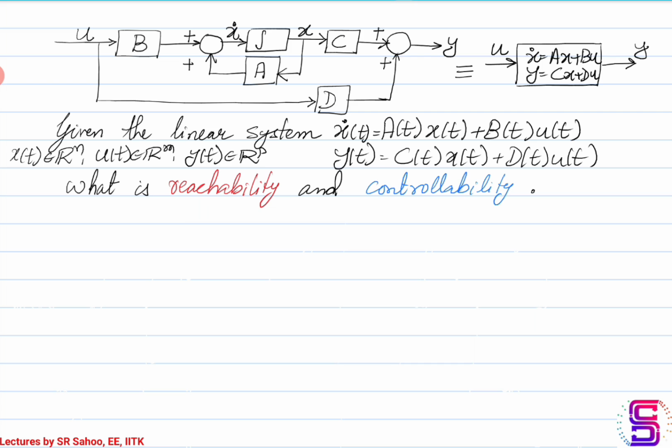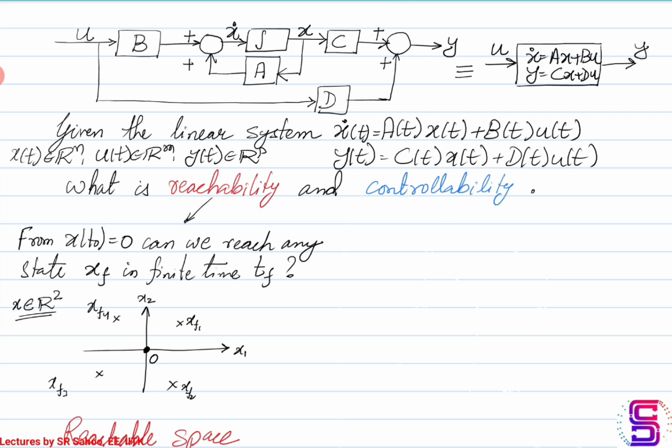So, reachability essentially tries to see if you initialize your state from the origin, what are the points that can be reached in a given time interval for some continuous input. Simply put, the initial condition states that the system is at origin, which means x of t0 is essentially 0. We have been given a time interval t0 to tf.